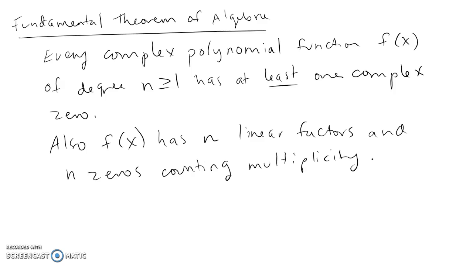So every polynomial equation has at least one solution in the complex numbers. It could be real, it could be complex, but it's definitely complex.